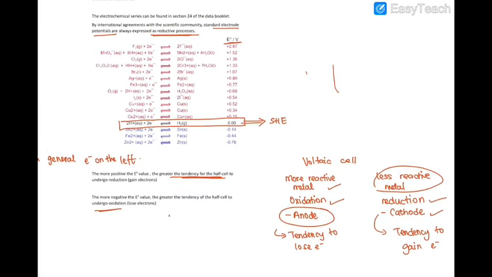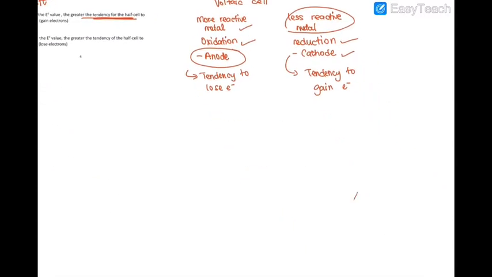So the more positive inert values means that they have greater tendency to undergo reduction, which means that they're going to be better at being the cathode. They will have greater tendency at being the cathode. So if it has more positive electrode potential, it's going to be the cathode.